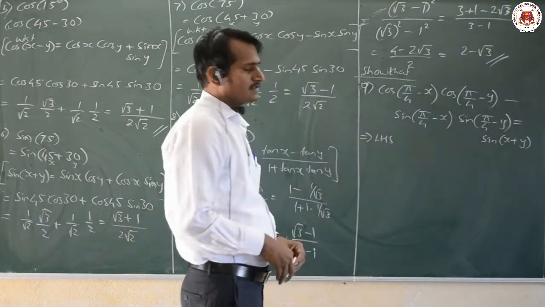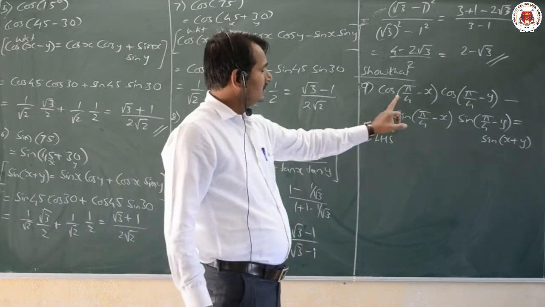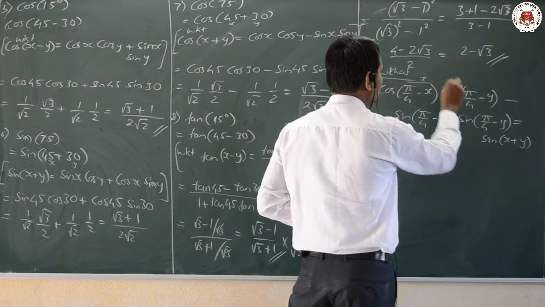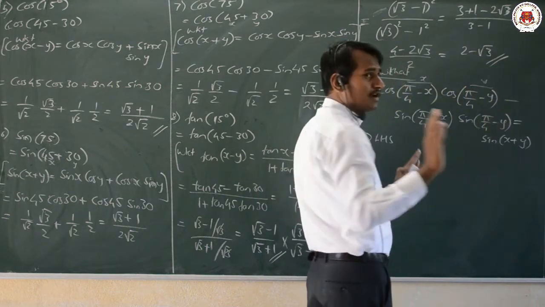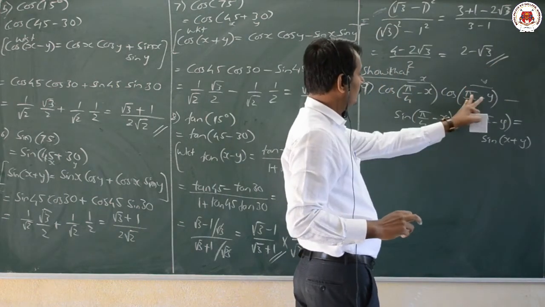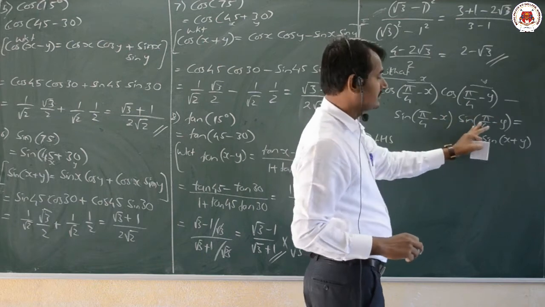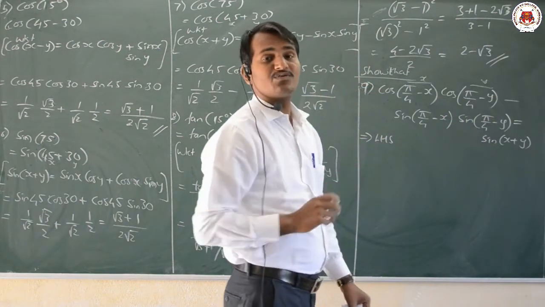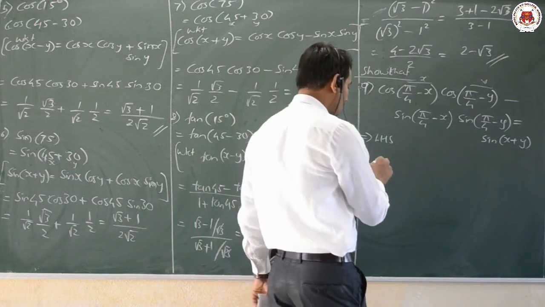In the LHS we can observe, let us take one whole thing as x, and the other as y. Let us observe it. What we have is cos x cos y minus sin x sin y. Which formula is it? That is the cos of x plus y formula, that we shall make use of.